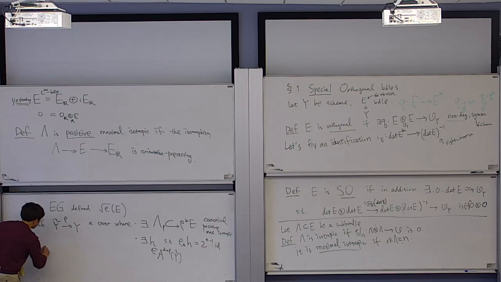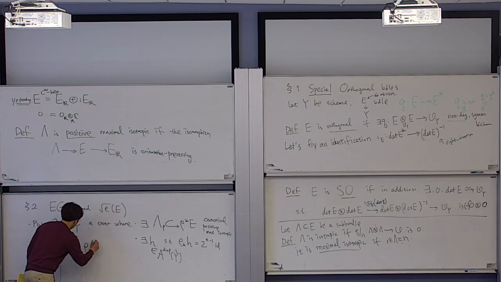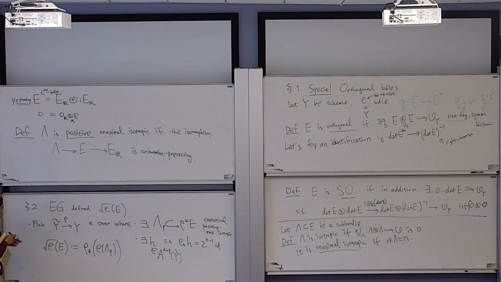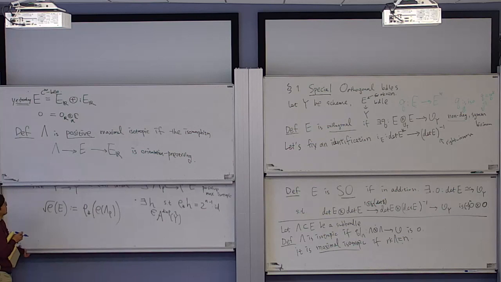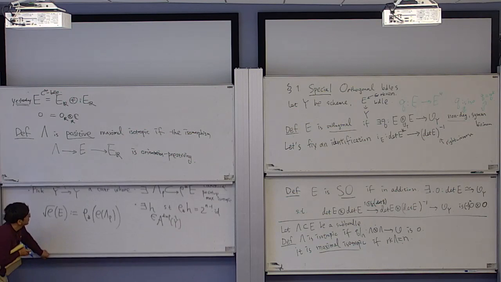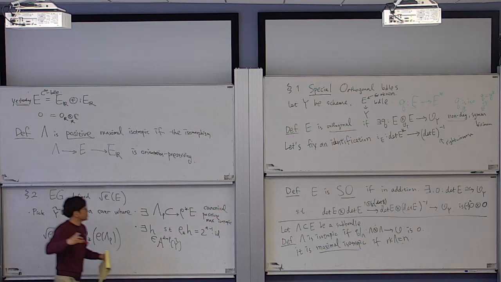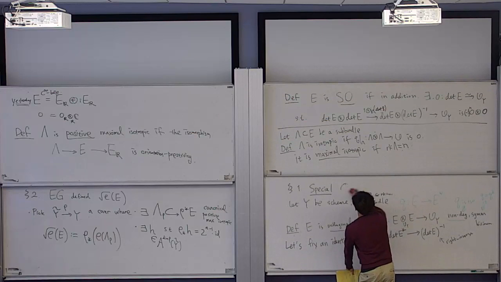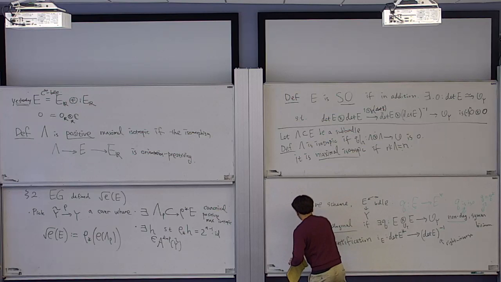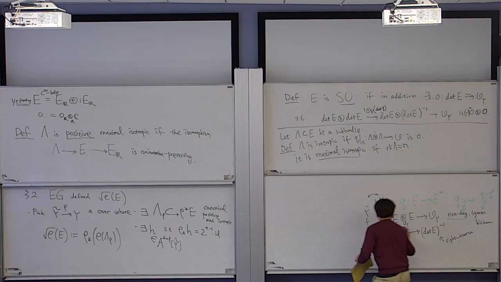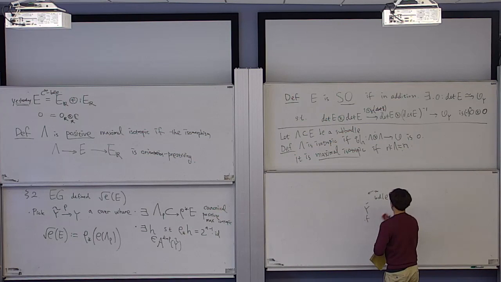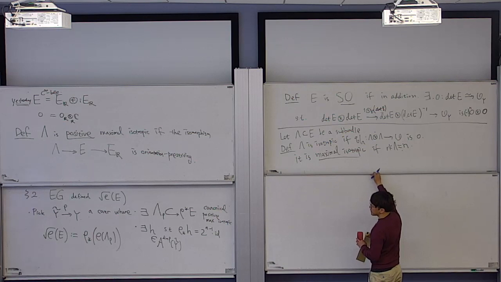Then Edidin-Graham defined their skew Euler class by this, and then they satisfy every nice property.